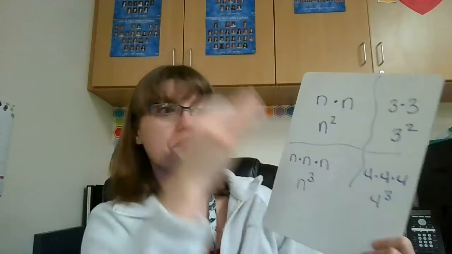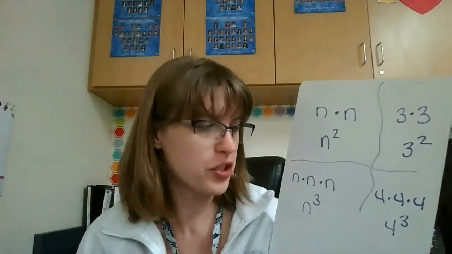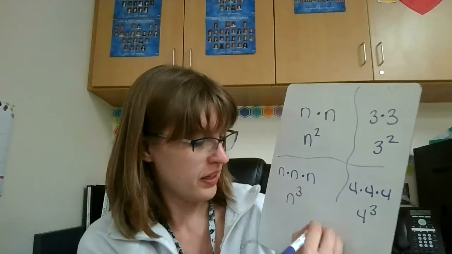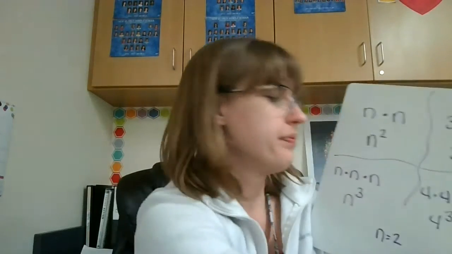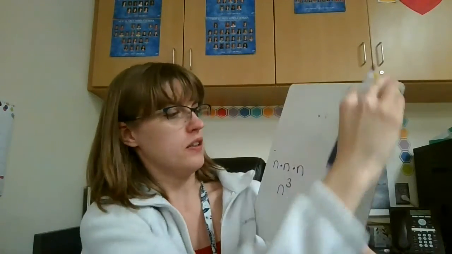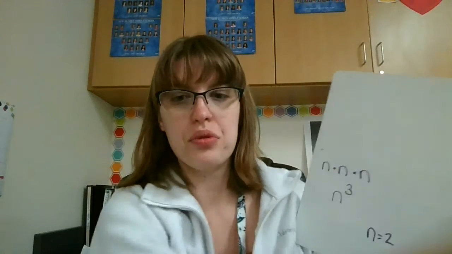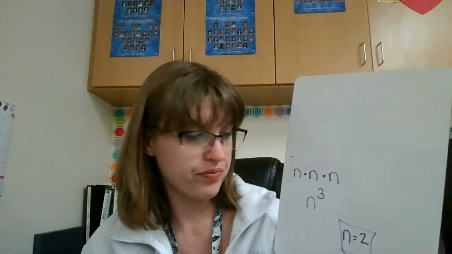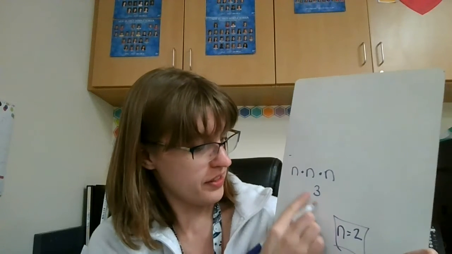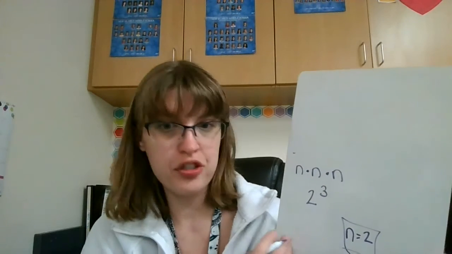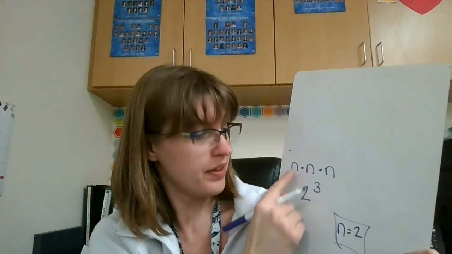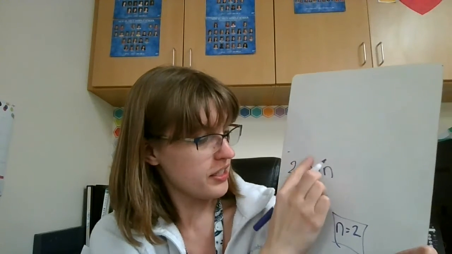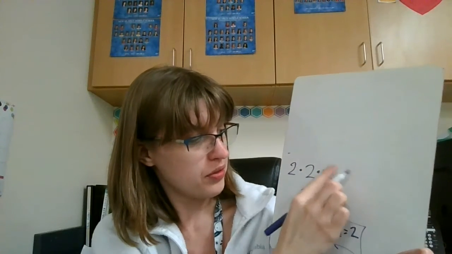Let's pretend that magically you have been told what n equals. N equals 2. All right, what would I do if n equaled 2? That means that it's 2 to the third, right? And that means each of these is going to become a 2.